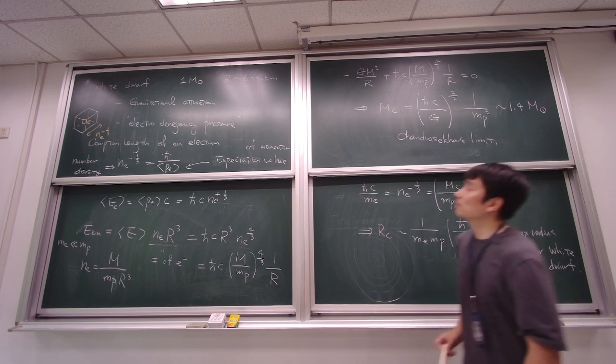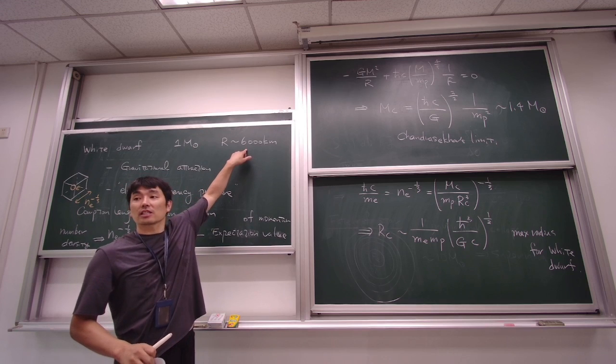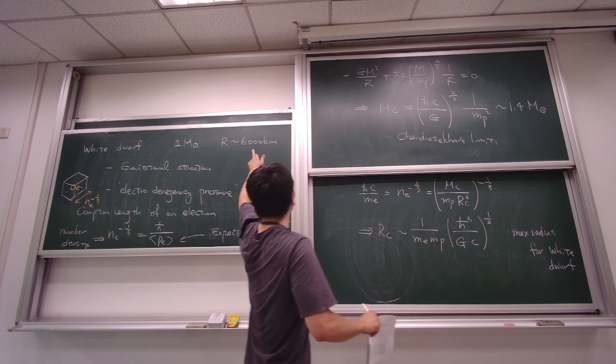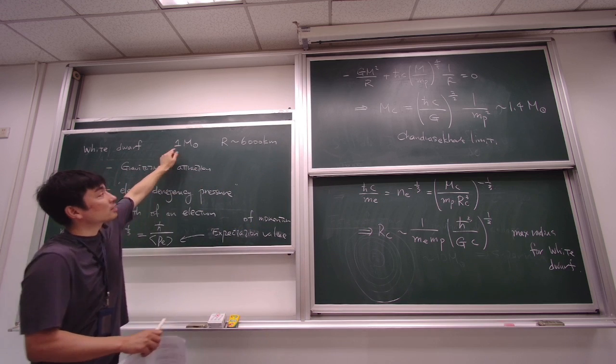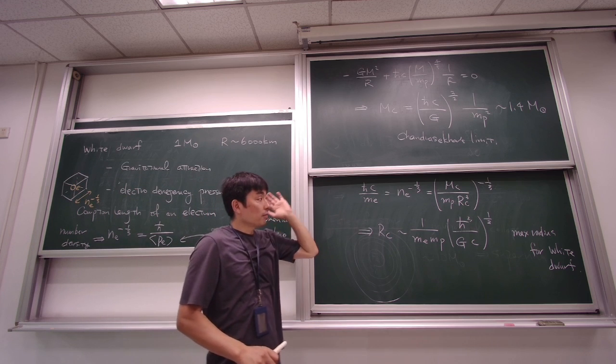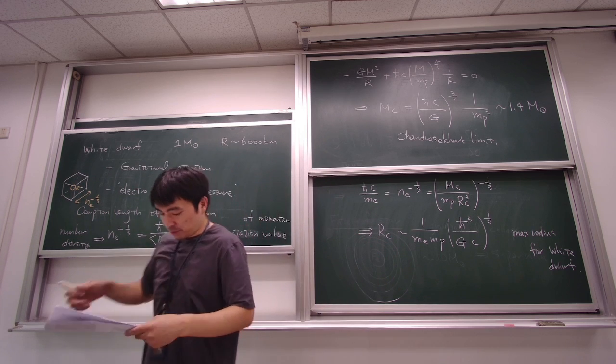This limit is slightly bigger than this number, but the order is the same. For slightly more than one solar mass you get a size of roughly this. You just multiply by 1.4 around this.